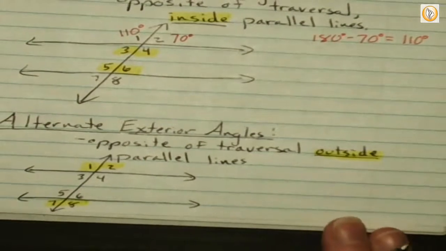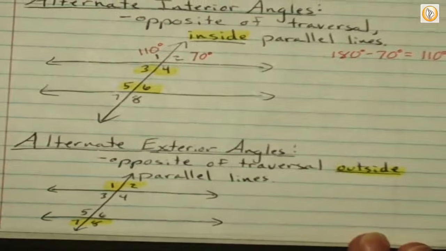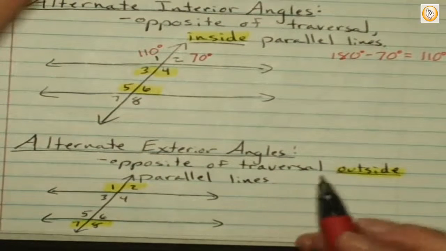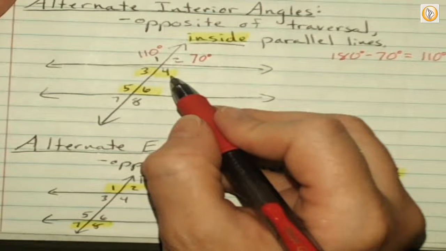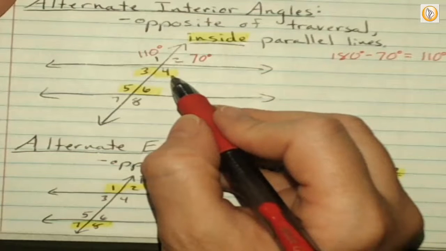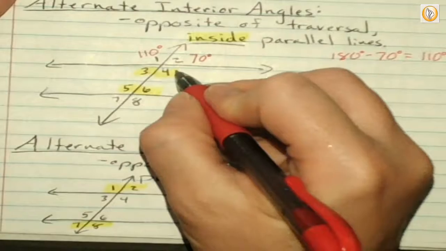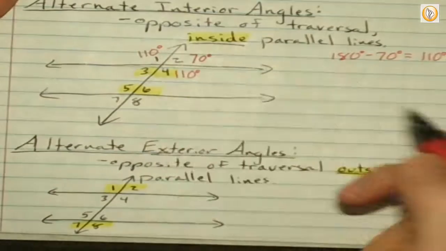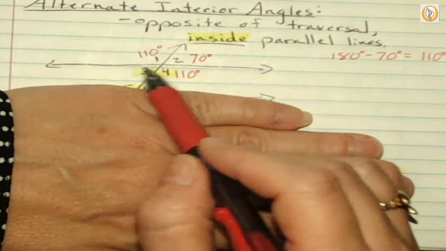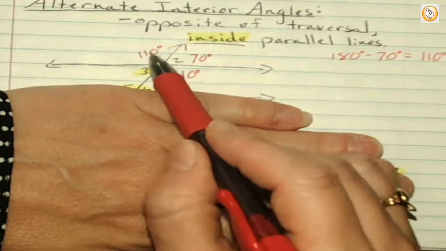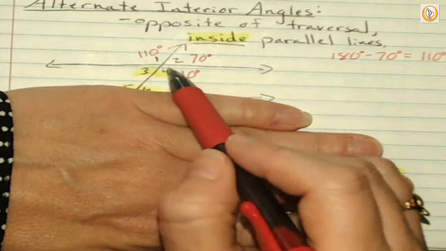But based on what we talked about with intersecting lines, Emily, what would angle 4 be? That's right, because of two things. These are intersecting lines, so the angles opposite of each other are going to be the same.